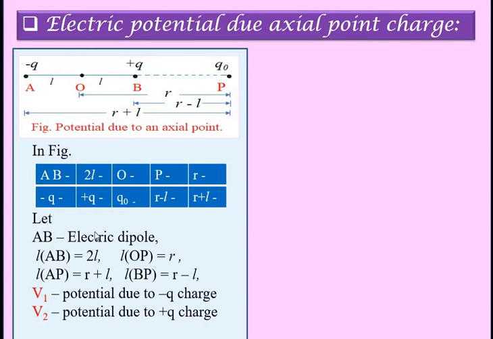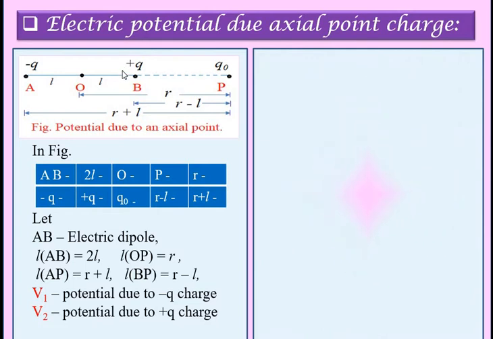Let V1 be the electric potential due to minus Q charge and V2 be the electric potential due to plus Q charge.